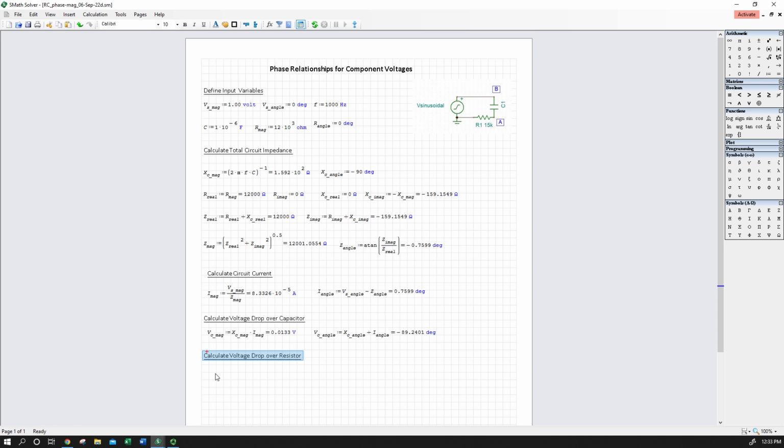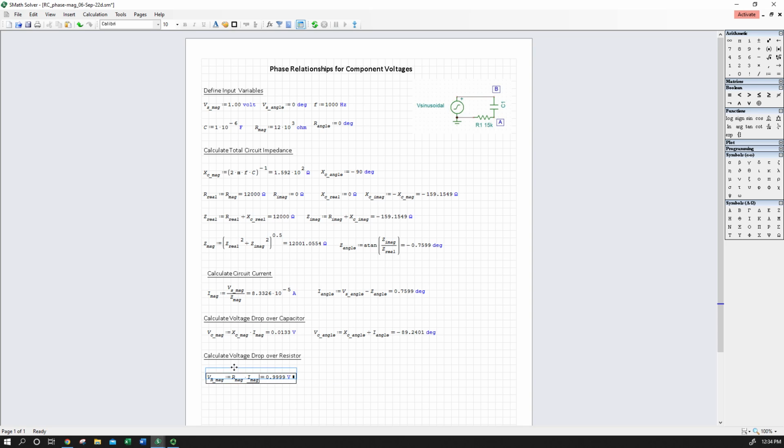So, okay, we're going to invoke Ohm's law again. We're going to look at the voltage drop over our resistor. We're going to start with the magnitude, and that is again just Ohm's law. So what is the magnitude? R mag times I mag.